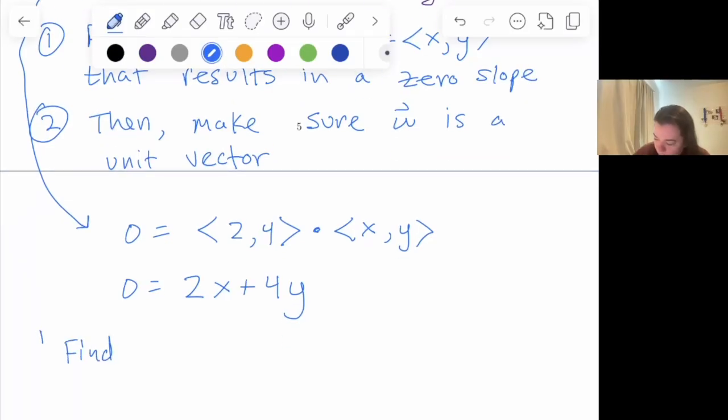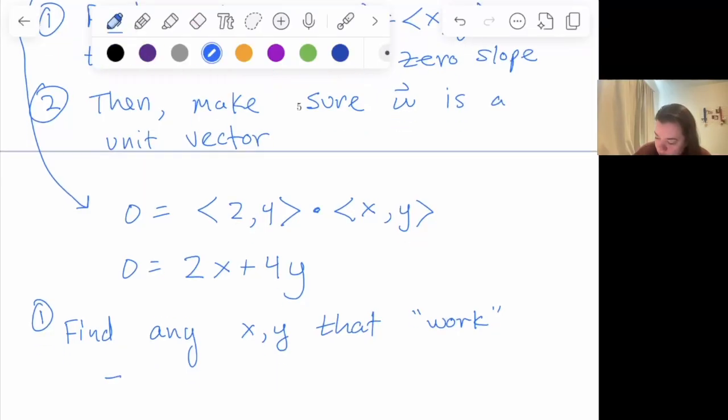And this is that part 1. Find any x, y that work. So I believe, and just looking here, I believe if x is 2, I am just picking numbers here. If x is 2 and y is -1, I'll say this works.